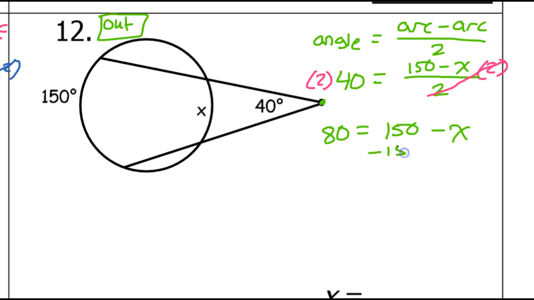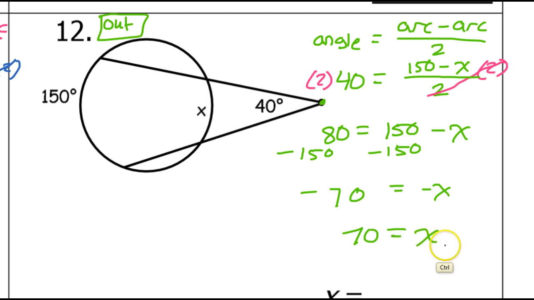Subtract 150 from both sides. So what's that going to be? Negative 70. So then that means 70 is equal to X.